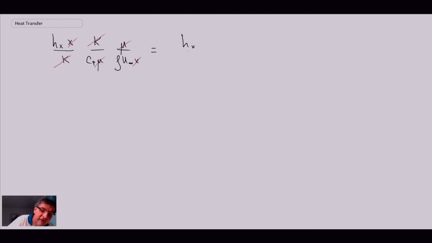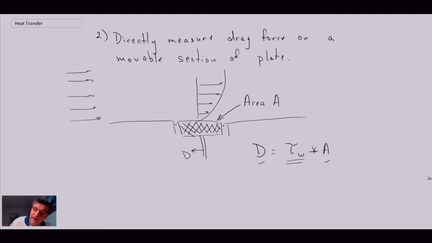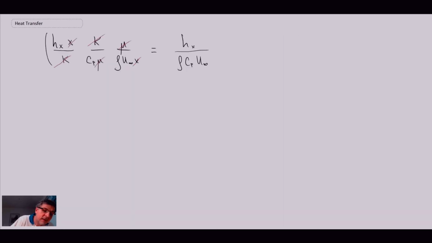We're left with the convective heat transfer coefficient divided by rho c sub p u infinity. And that, I forgot something. I forgot the Prandtl number to the 2/3. So let me pull that in. This should have been multiplied by Prandtl number to the 2/3.